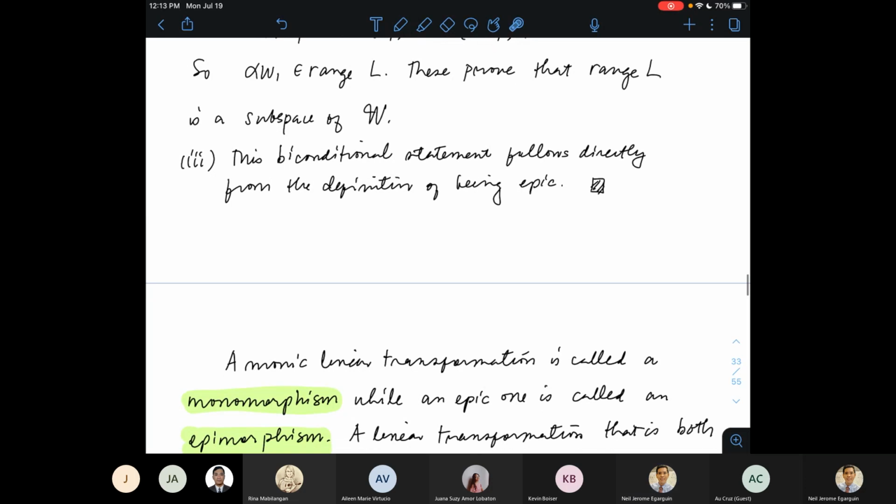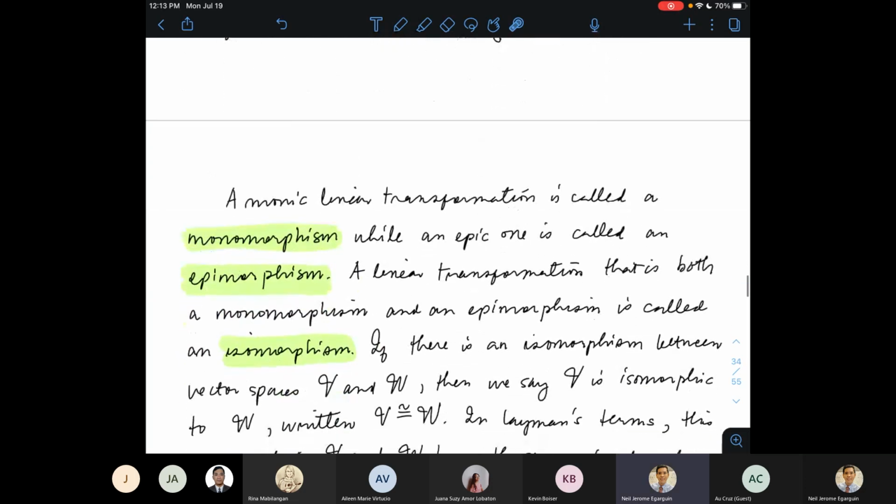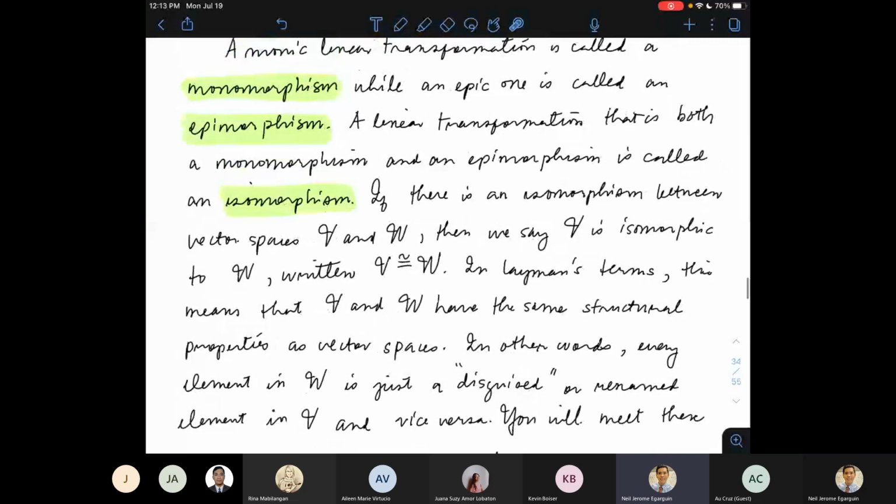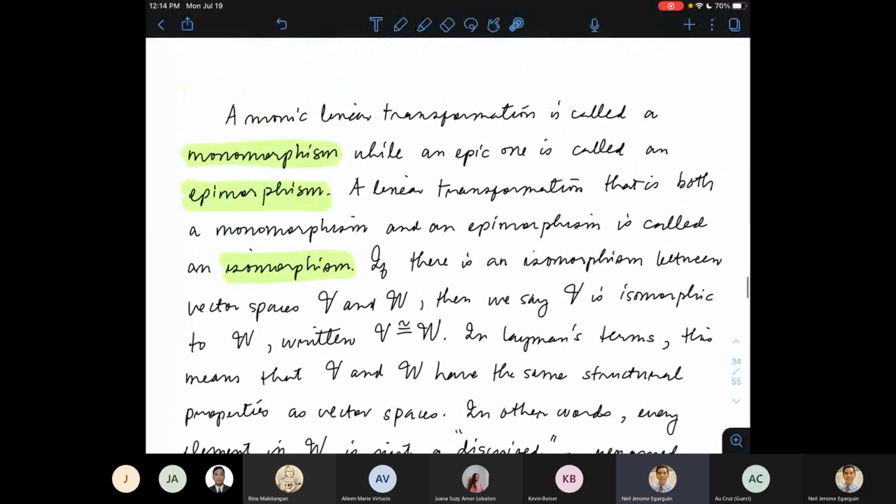Okay. All right, and then page 34 again. I have a couple of remarks here, but some terms again. If your monic function is a linear transformation, then we call it a monomorphism. I remember a linear transformation, and another term for them would be homomorphism.